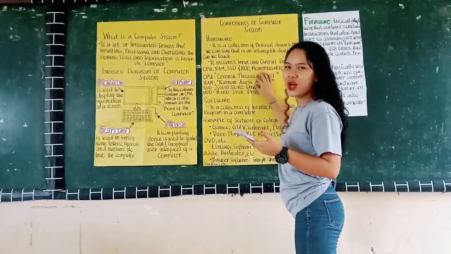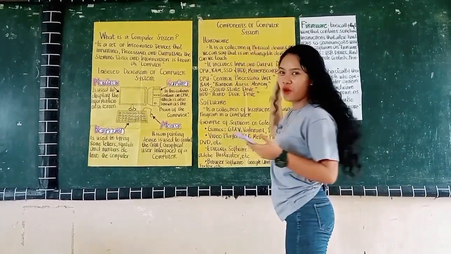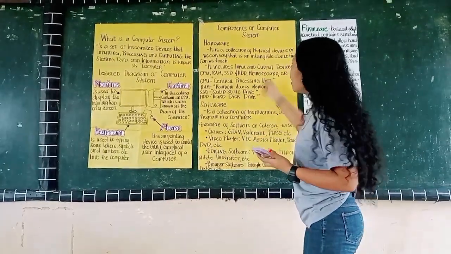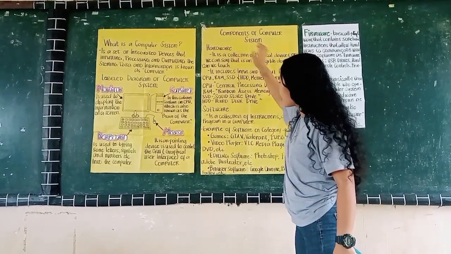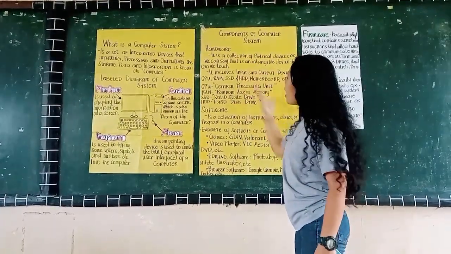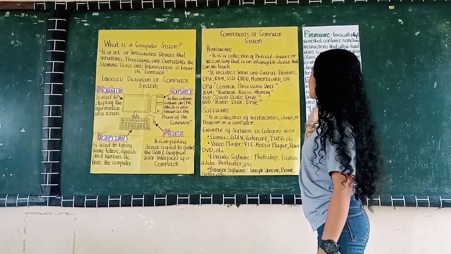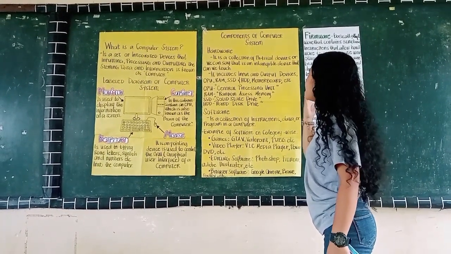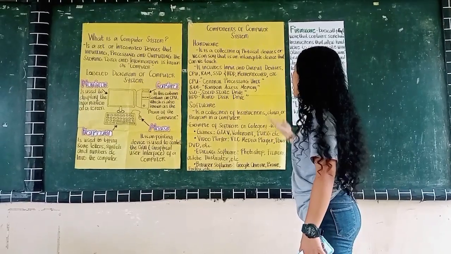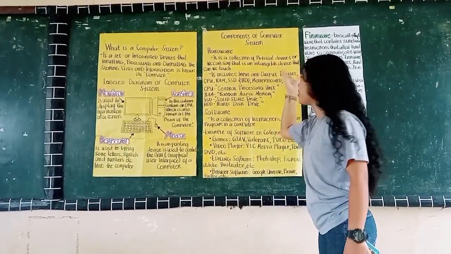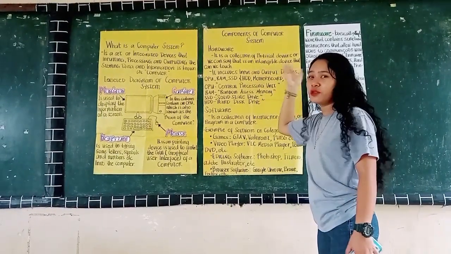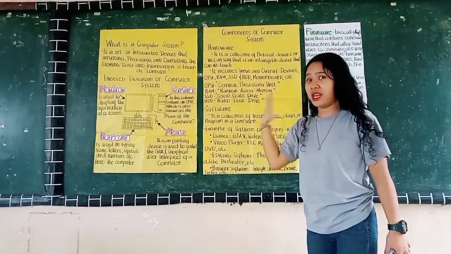I know all of you encounter this kind of devices. So next, let's go to the components of the computer system. There are two main components of the computer system, which are the hardware and the software. The hardware is a collection of physical devices, or we can say that it is a tangible device that can be touched. It's very understandable, guys, tangible, which is mahahawakan natin.